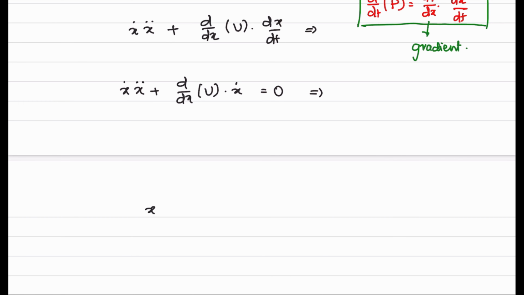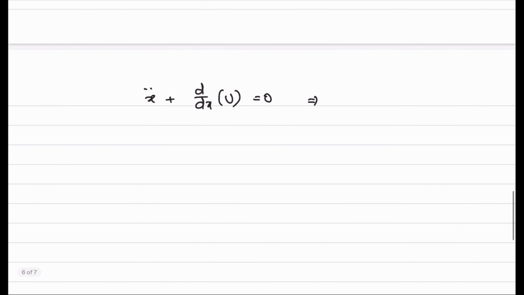That implies x double dot plus d by dx of U is equal to 0. That implies x double dot is equal to minus dU by dx.